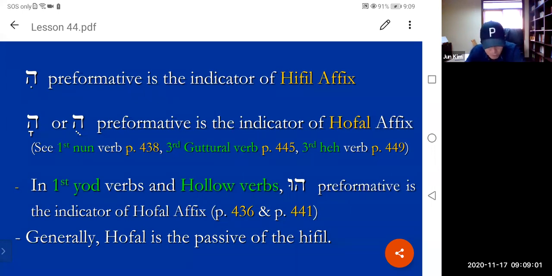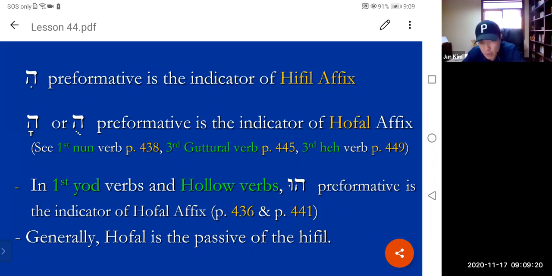So in the case of first nun verbs, what do you need to remember? You need to remember that it will be assimilated. That's it. So I think first nun and third guttural will be quite easy. But in terms of first nun and third he, it's going to be a little bit tricky. Why?